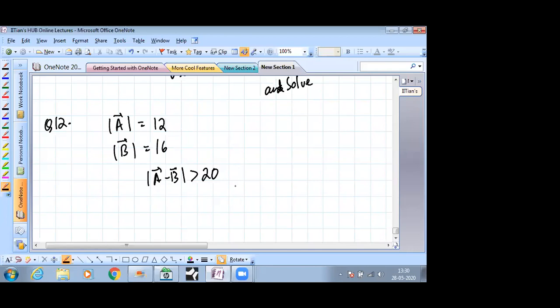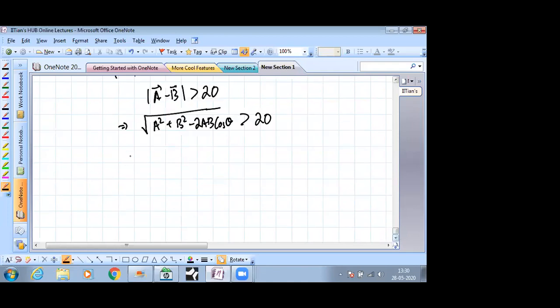Then which of the options are correct? Okay, so let's understand what this is saying. So root of A square plus B square minus 2AB cos theta is coming greater than 20. So if you square both the sides, now substitute A as 12 and B as 16.